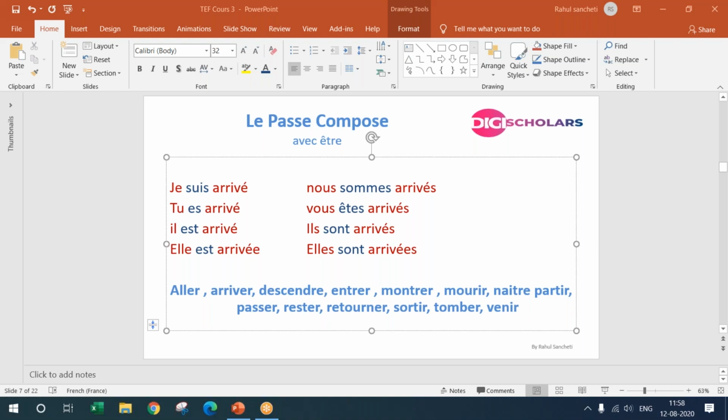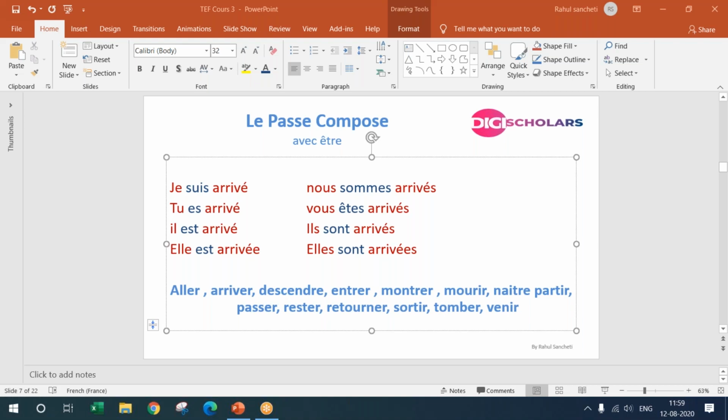But for these 14 verbs and pronominal or reflexive verbs, we conjugate with être and not avoir.